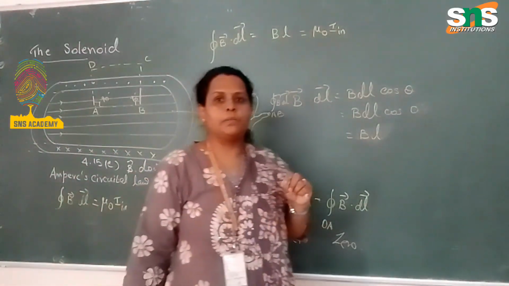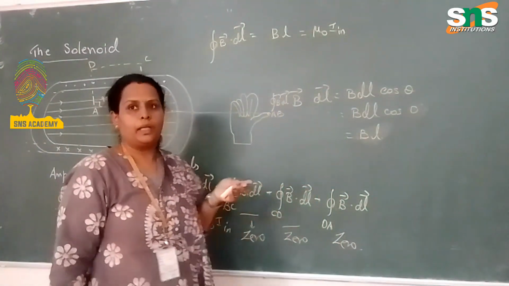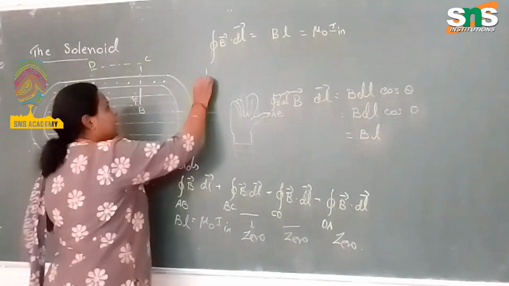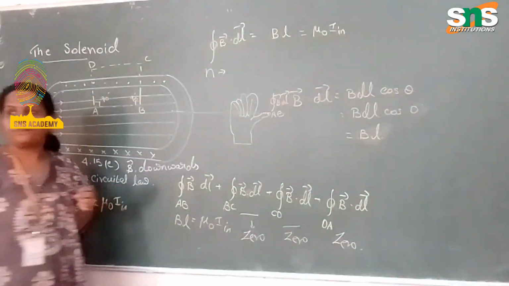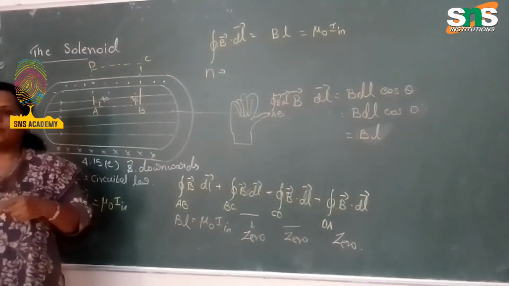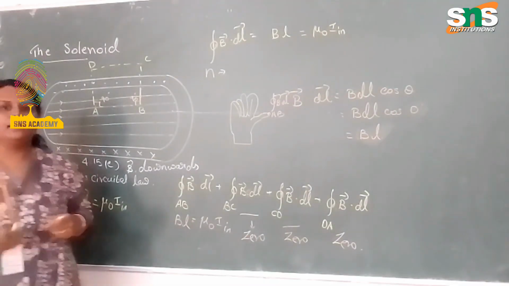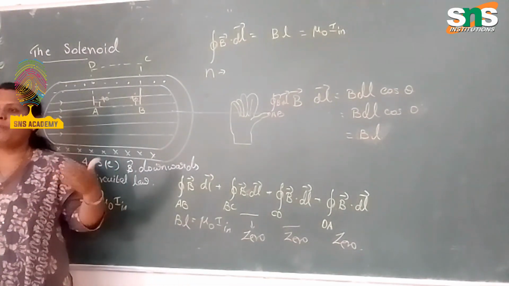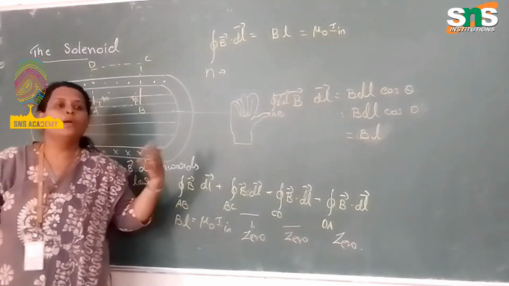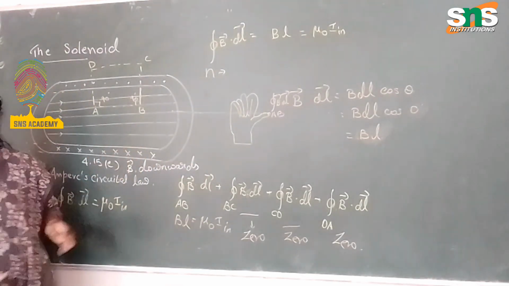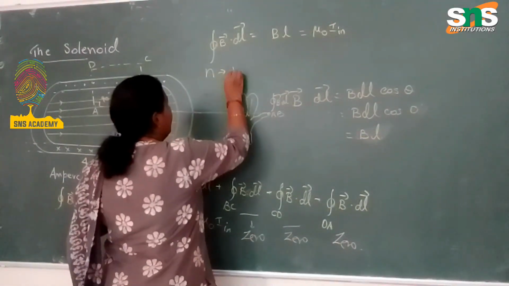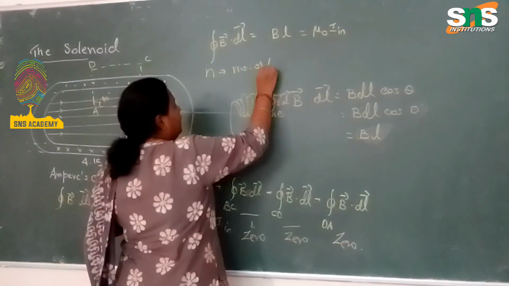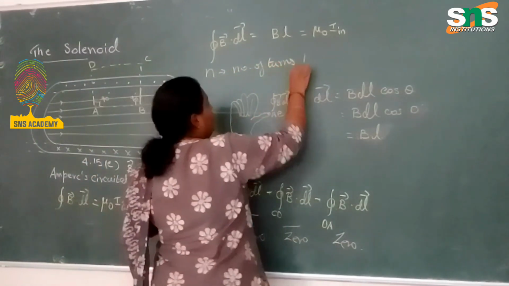Next, a small assumption, but it's the truth only. What do we mean by n? n means the number of turns per unit length, am I right? Solenoid means circular turns, so many circular coils wound in the form of a helix. That is your solenoid. So n is the number of turns per unit length.